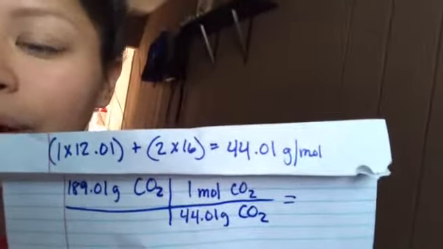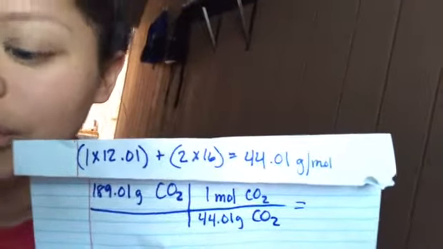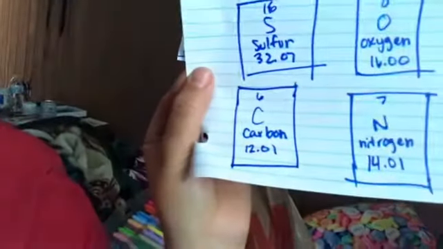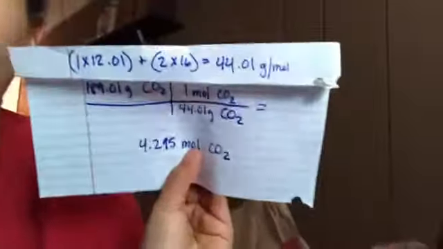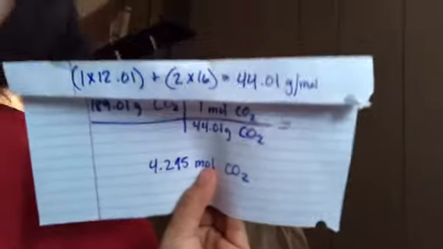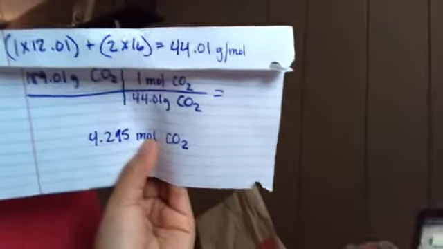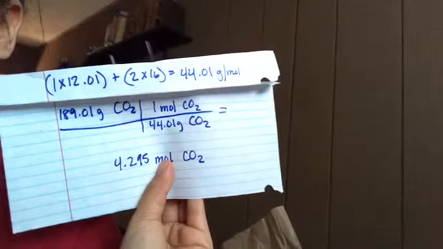I went ahead and put 1 because we only have 1 carbon, and according to the periodic table, carbon has 12.01 right there, and then oxygen has 16. So we have 1 times 12.01 plus 2 times 16, which is for oxygen, which would equal 44.01 grams per mole.